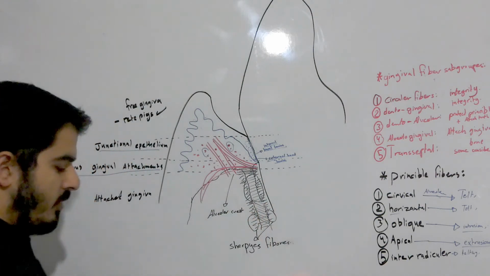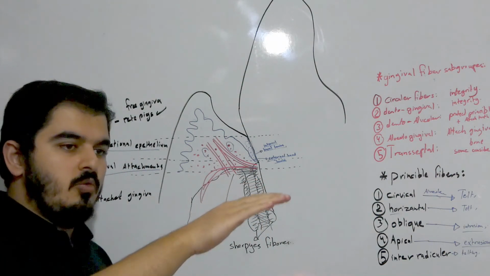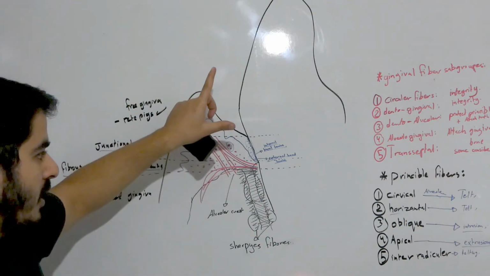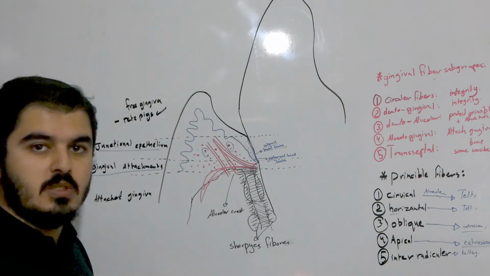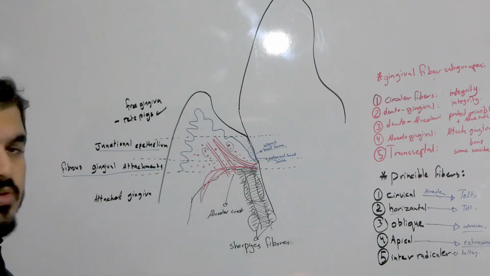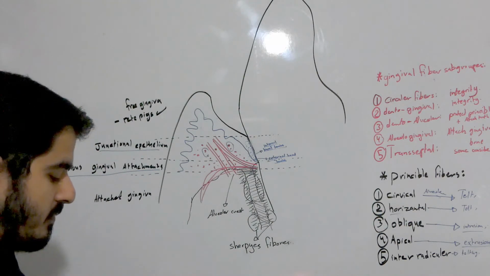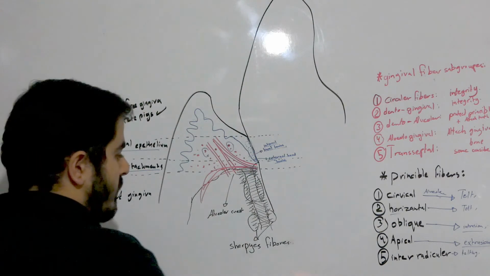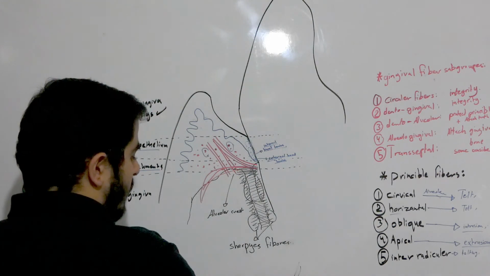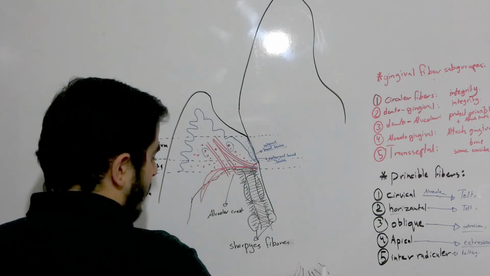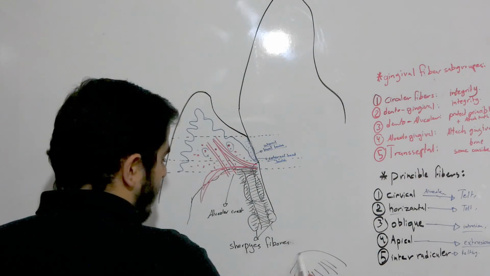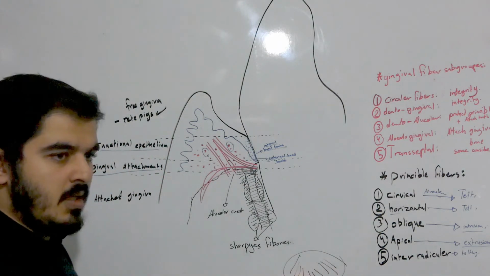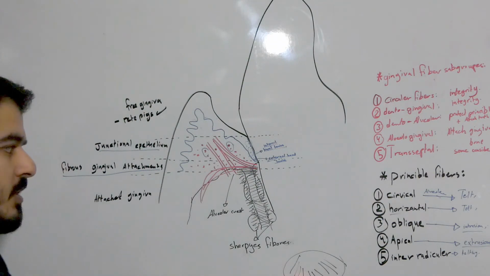These fibers go from the bone at a higher level to the tooth at a lower level, and these are responsible to protect the tooth from intrusive movements mainly, and they also help in withstanding rotational forces. The last subgroup is the apical group, in the apical region, going from the alveolar bone to the tooth, and they are responsible to protect the tooth from extrusive forces and rotational forces.